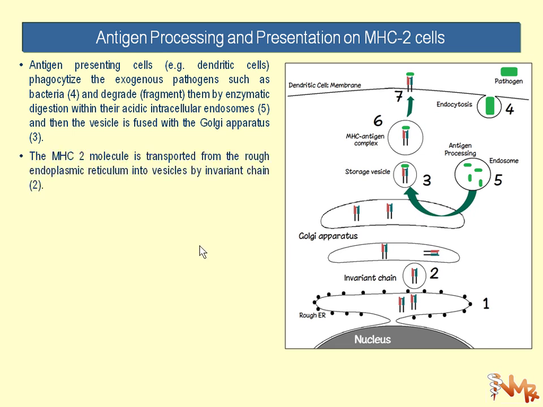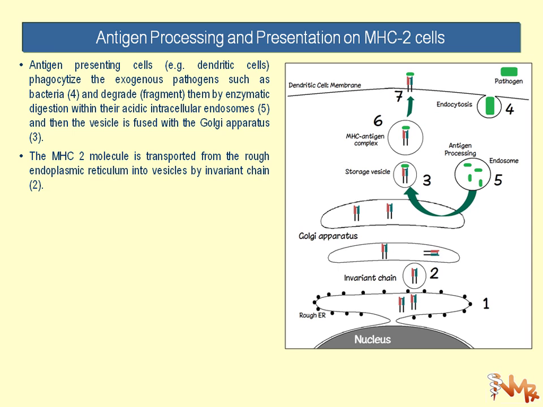Now, from a different angle, the MHC2 molecules are encoded in the nucleus of the APC cells, and they are synthesized in the cytoplasm, transported to rough endoplasmic reticulum, and then into the vesicles.